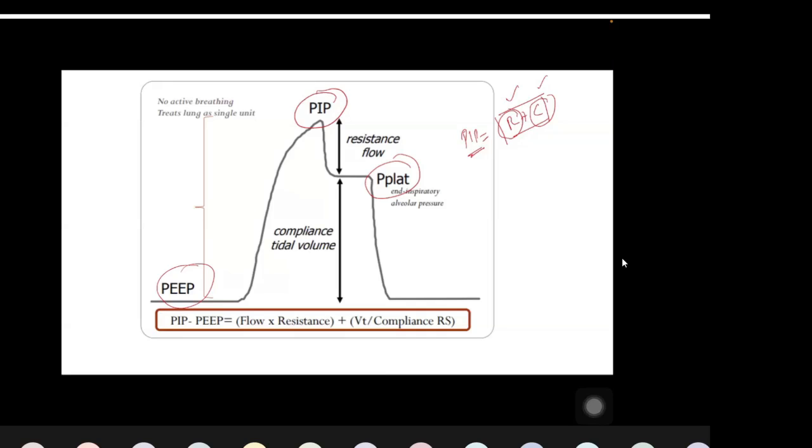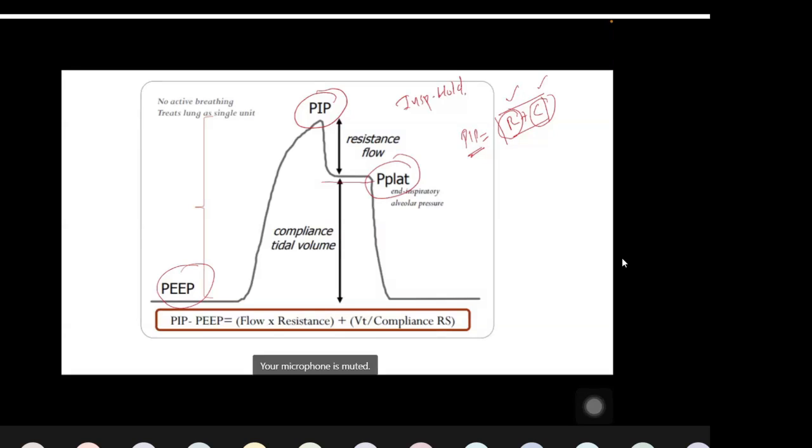So as there is no flow, the pressure within the respiratory system is produced entirely by the compliance of the lungs. Once we press the inspiratory hold maneuver, the peak inspiratory pressure will fall towards a P plateau level.